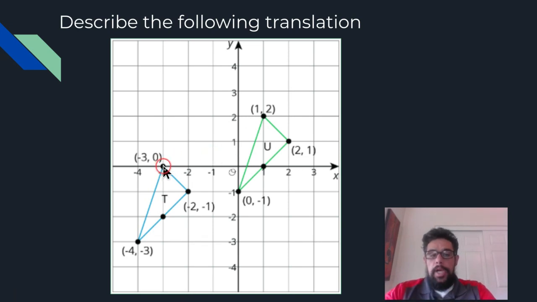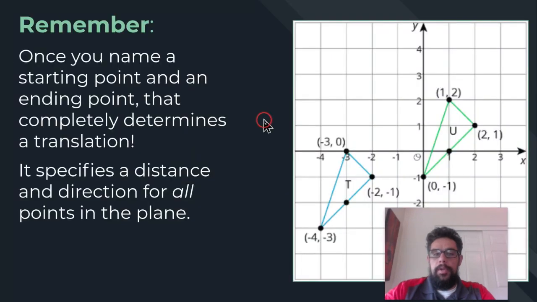The other way that we described it is you can say this point, negative 3 comma 0, goes to 1 comma 2. If you say it by one point, that's all the information you need, because all the other points you are going to translate a similar way.